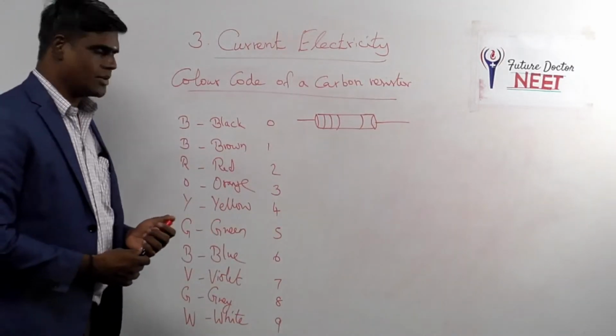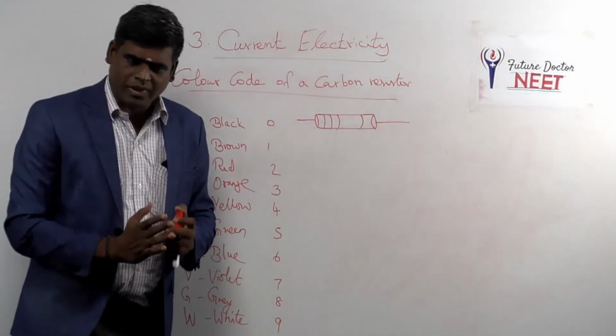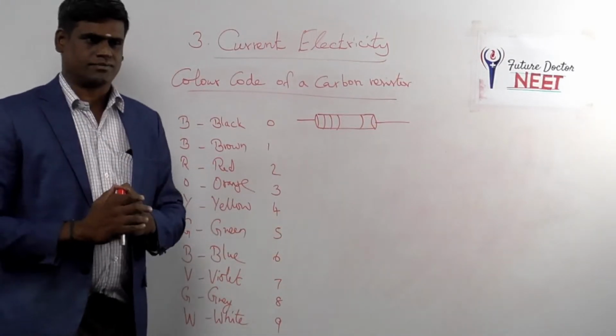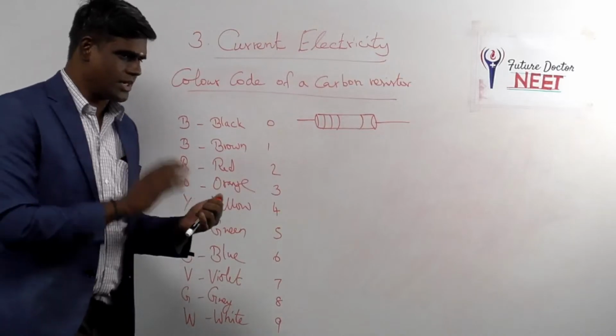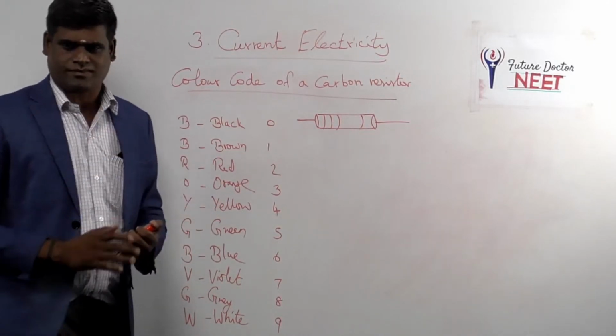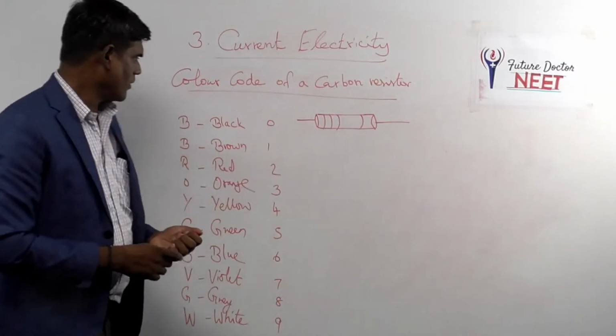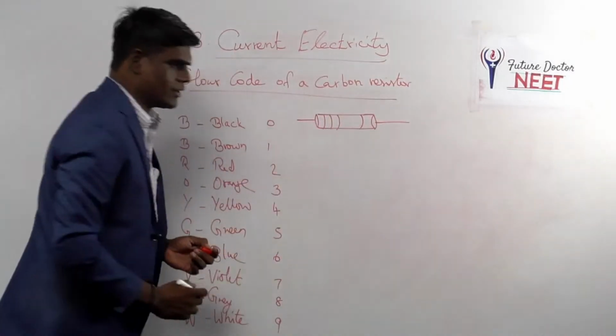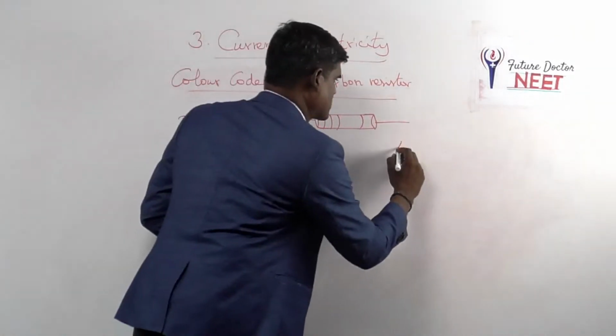Even physics students in BSc and MSc use electronics as a separate paper, with a general practical and a special practical, that is electronics. There also they will be well versed in this. And apart from that, there will be a tolerance ring, tolerance percentage.